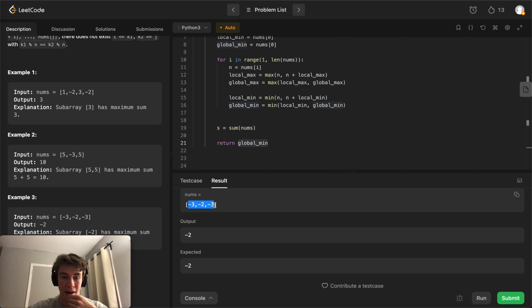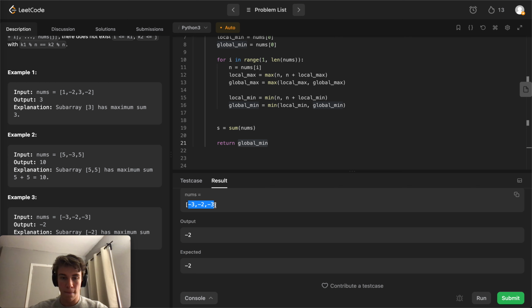Let's think of how to avoid this weird edge case. How do I avoid this weird edge case?